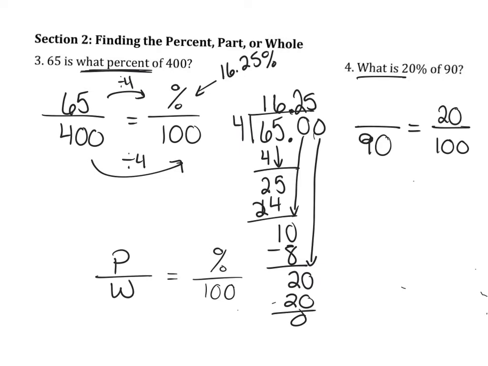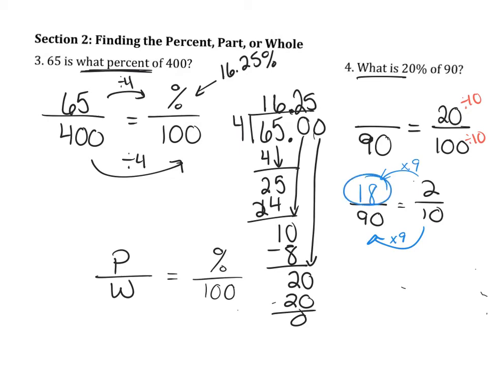So if you think about it, I could simplify this to 2/10. All I did was divide both of these by 10 to simplify. And now I can see that to get from 10 to 90, I can multiply by 9. So 2 times 9 would give me 18. So the answer would have to be 18.